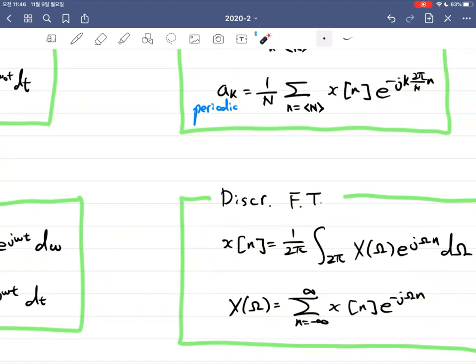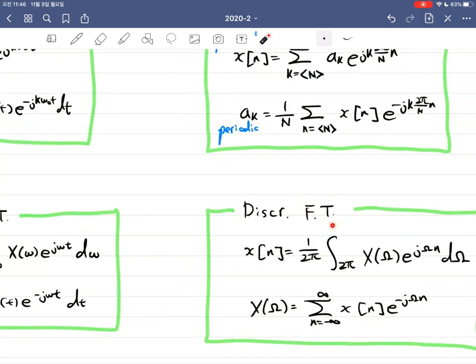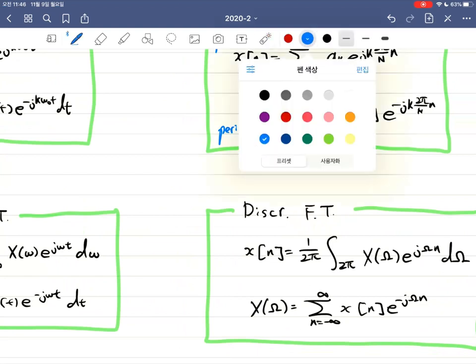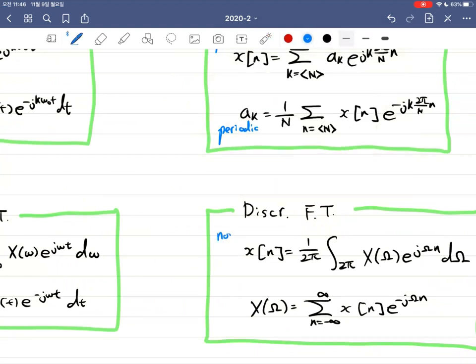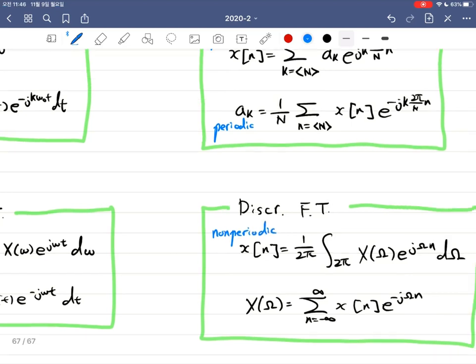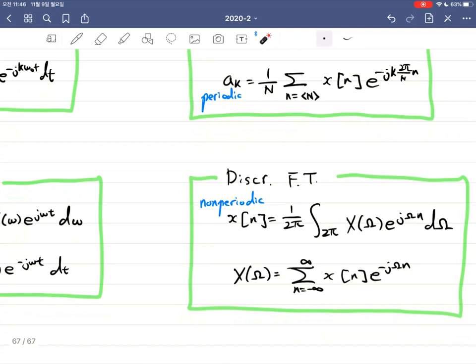And also, we are talking about the Fourier transform of the discrete time case. Therefore, this x[n] should be non-periodic. However, interestingly, the Fourier transform of this non-periodic discrete time signal is continuous as well as periodic.